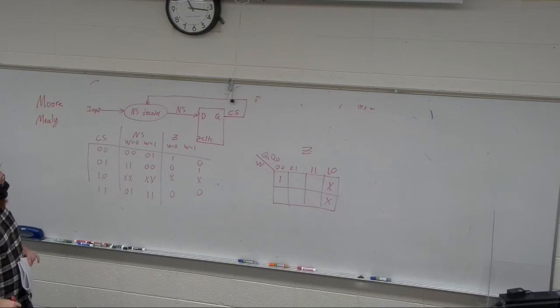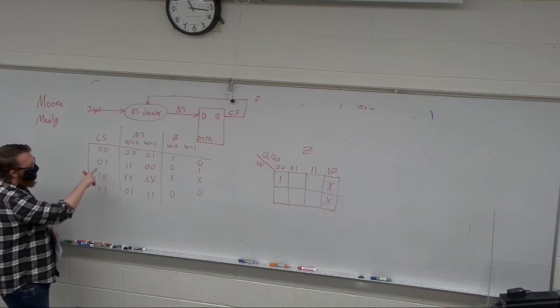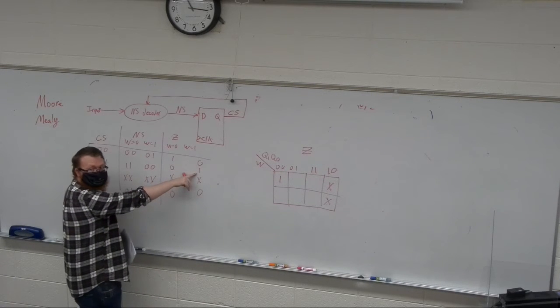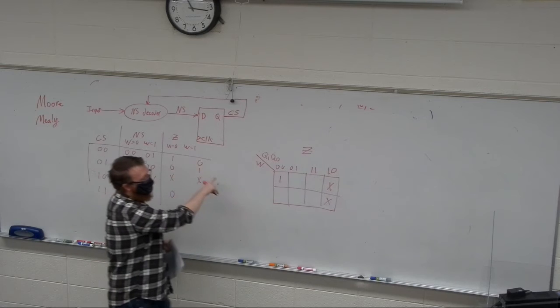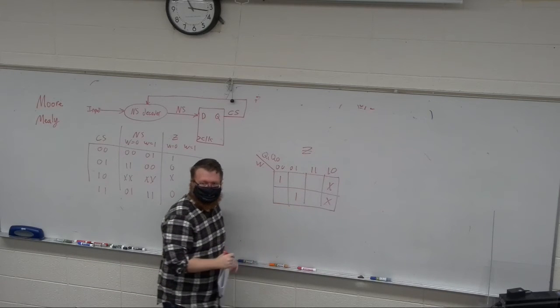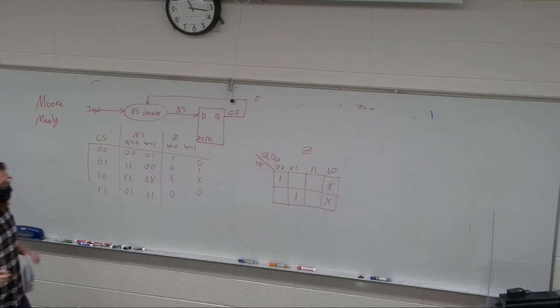And then the only other situation that I have is if I'm in 0, 1 and W is 1. So I have to be in 0, 1, W is 1. There we go.